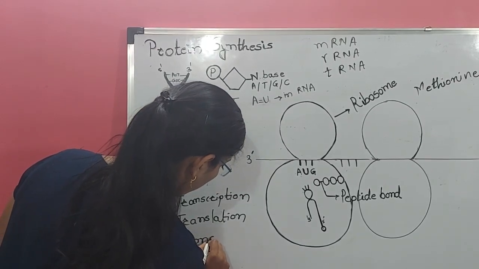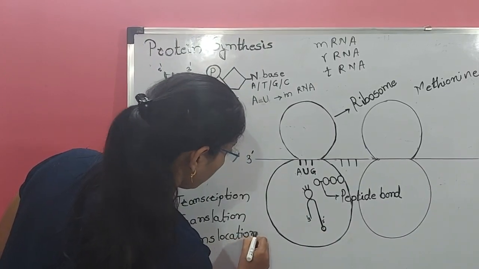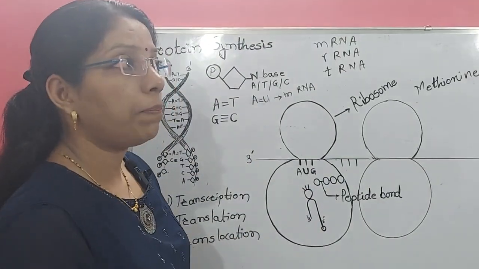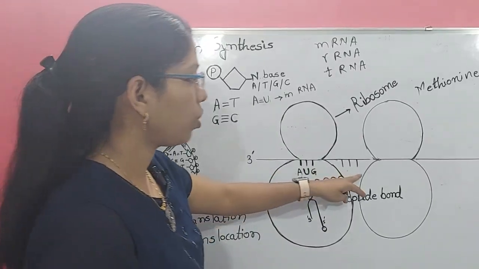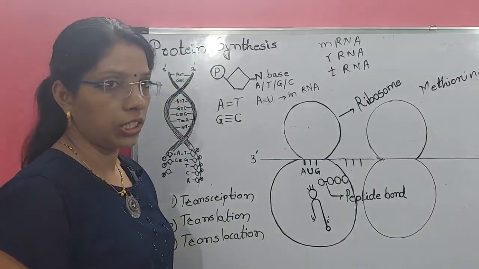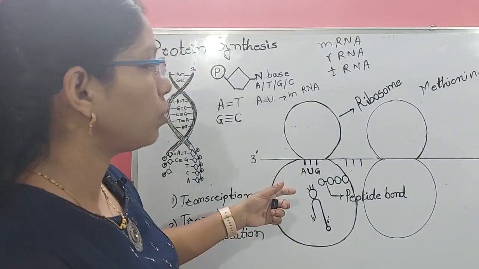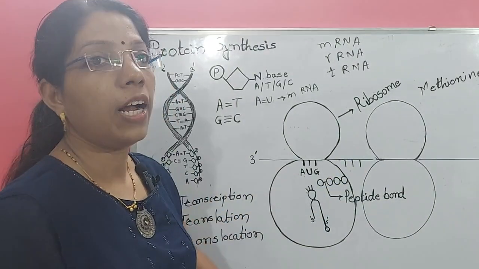The ribosome keeps on moving along the mRNA, from one end to the other, by a distance of one triplet codon at a time. That is called translocation. Trans means change, location means the ribosome changes its location on the mRNA.